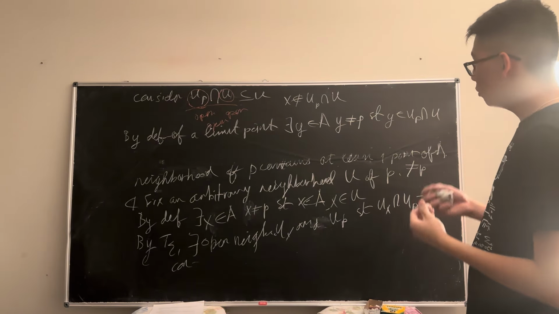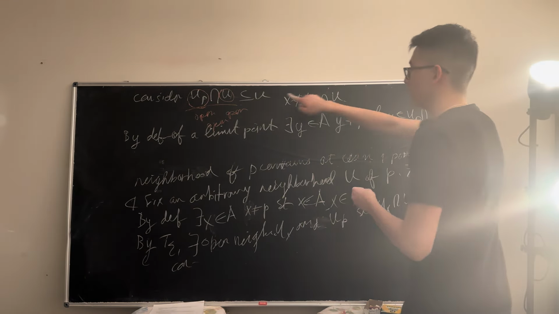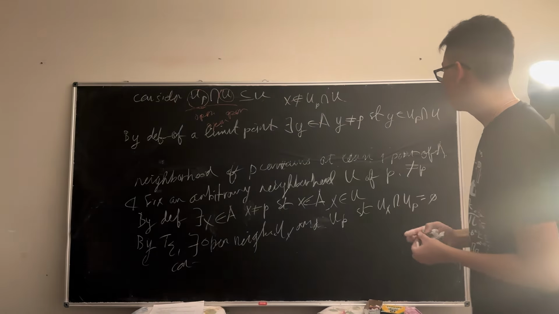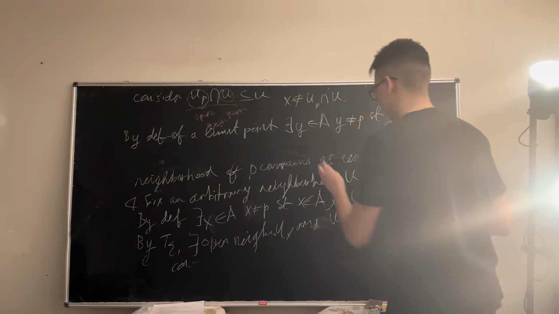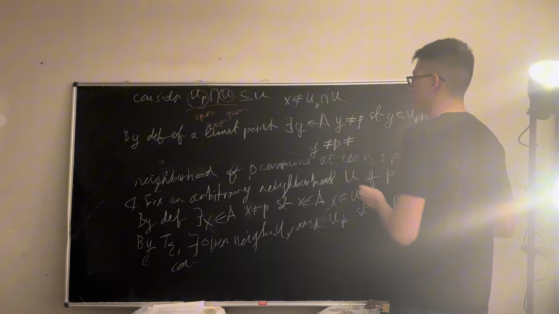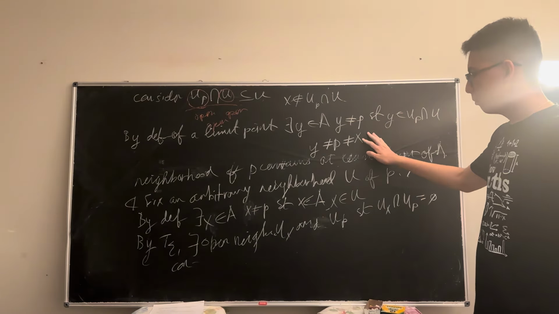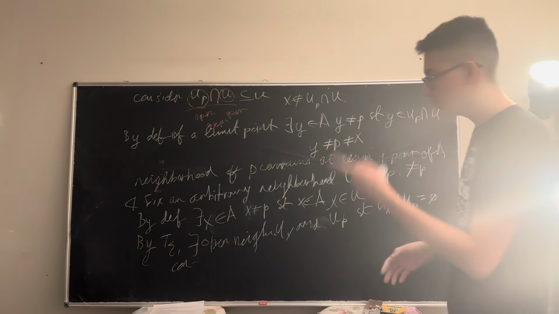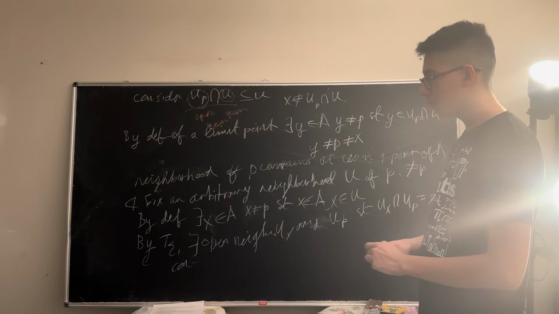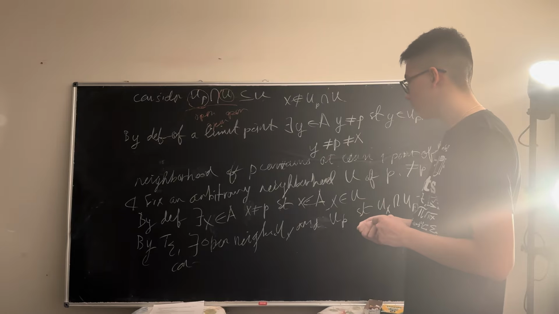And this is a new point in A that is contained in U, right? Because it's contained here and it's contained in U, which means Y is distinct from P and it's distinct from X. So by picking an arbitrary open neighborhood, we considered by the definition of a limit point a point in A distinct from P that is in this neighborhood.